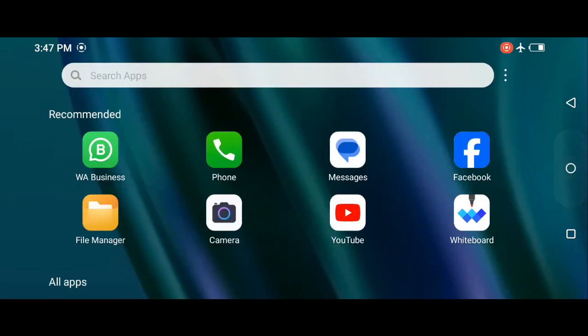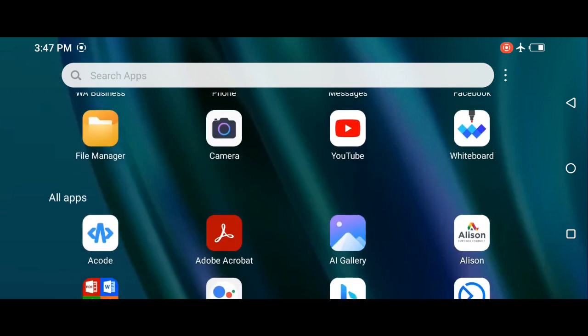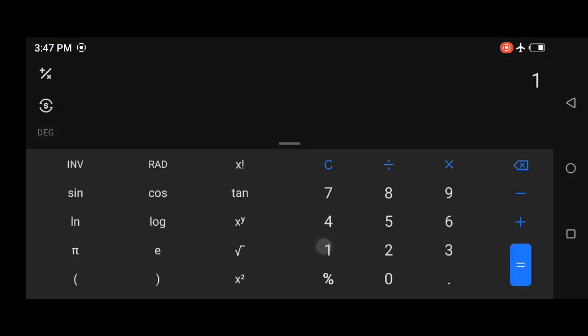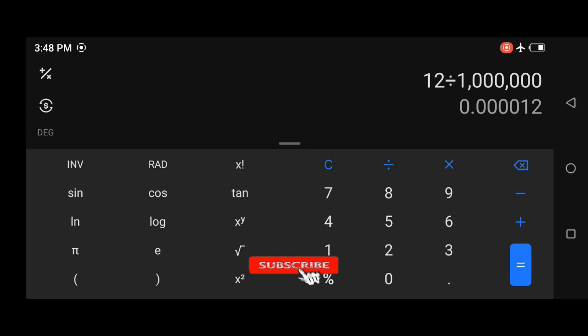so when we use our calculator, meaning 12 divided by 1 million. So you just get 0.0000, meaning 4 zeros after the decimal, and then 12, meaning that is meter cubic.